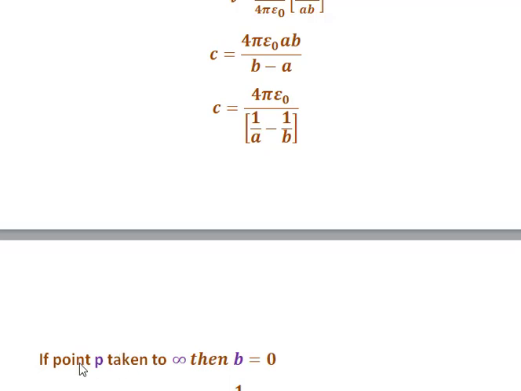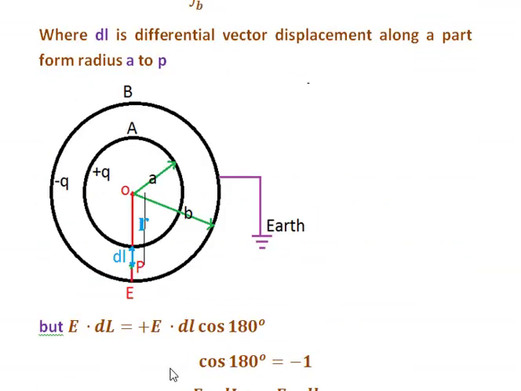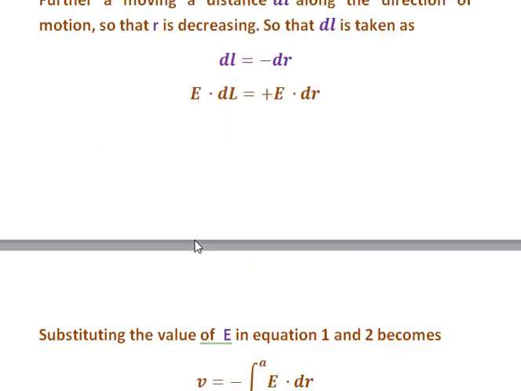Now the point P is taken to infinity. See here, the point P is taken to infinity. When we are taking it to infinity, it goes beyond the B. So it is the limit of this capacitor. When we take this point above from this limit, this B becomes infinity.